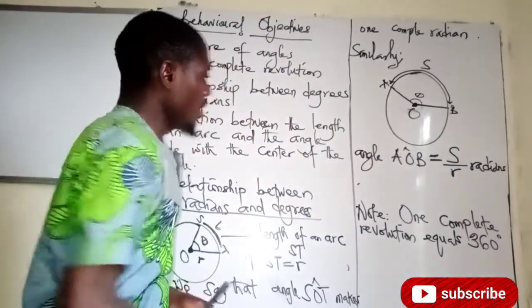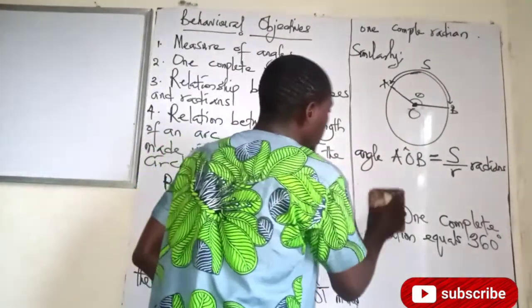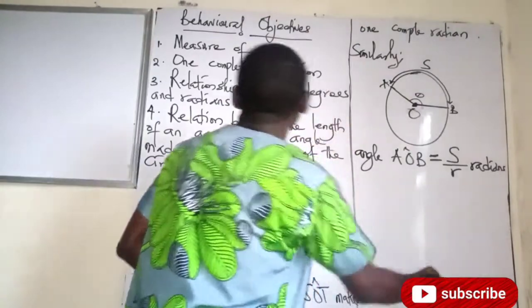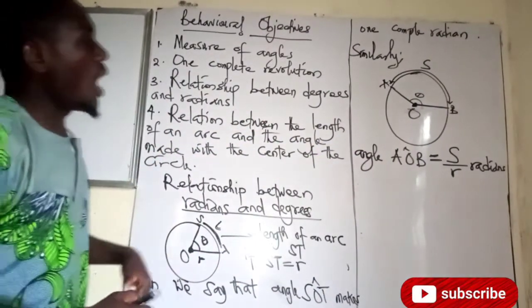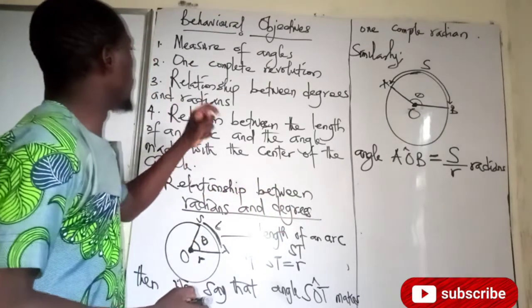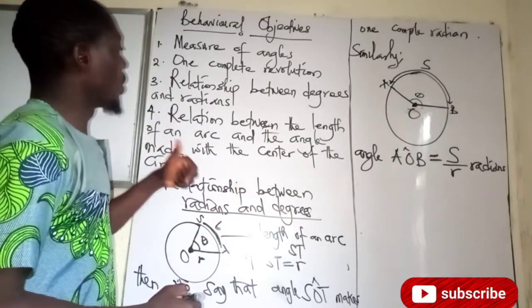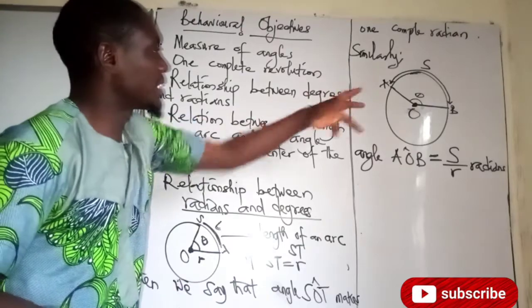Now, I made mention of something, complete revolution, in our second objective of the class. How do we get a complete revolution from this concept?